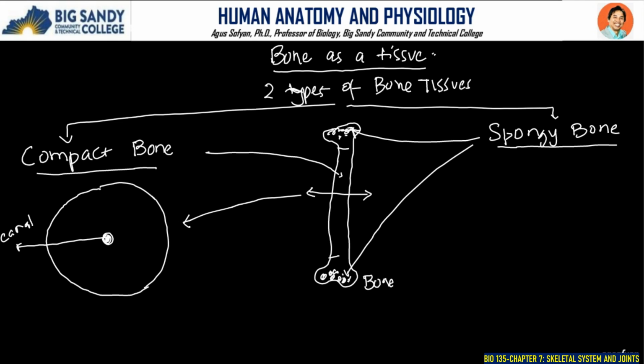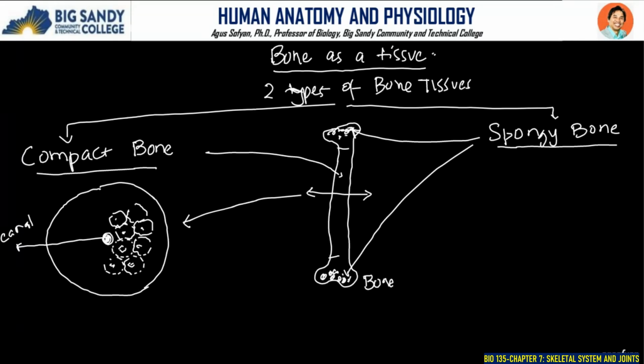Around that, there will be a structure that looks like a circle, a lot of circular structures. You saw this last time under the microscope, which is part of this bone cross section.